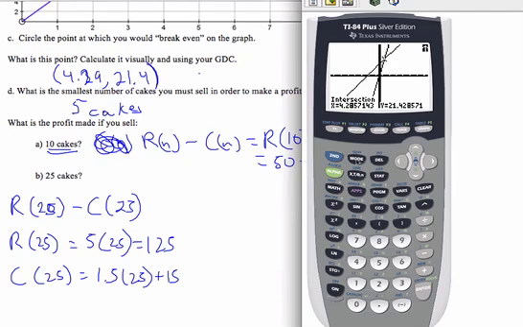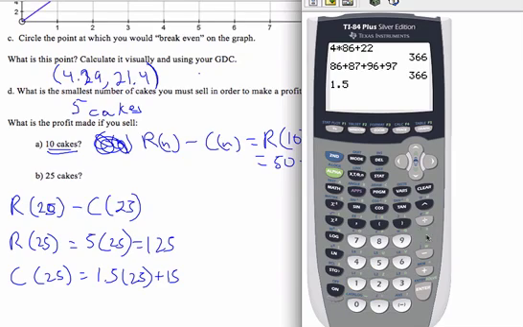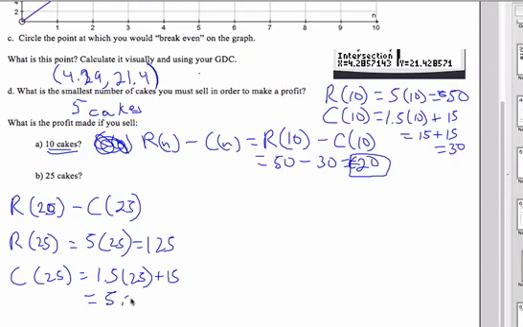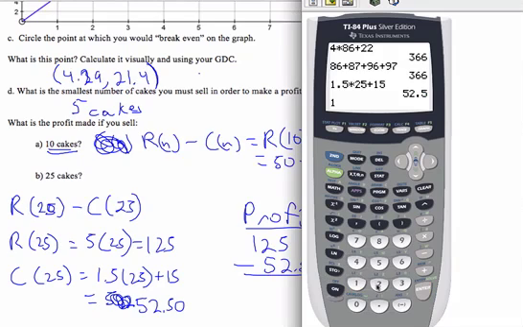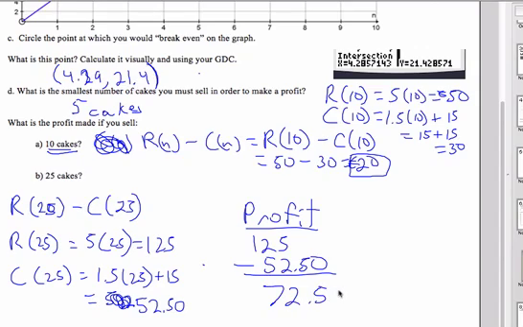So let's do that. 1.5 times 25 plus 15 gives you 52.50, so €52.50. So your profit is 125 minus 52.50. On your calculator you can do 125 minus, and then go second function answer, and that'll be €72.50. That's your profit for selling 25 cakes.